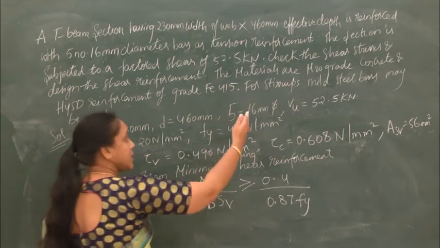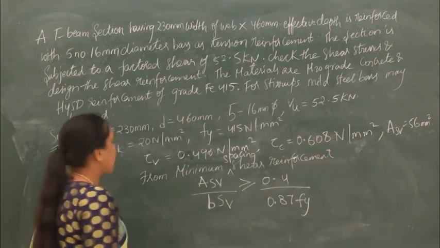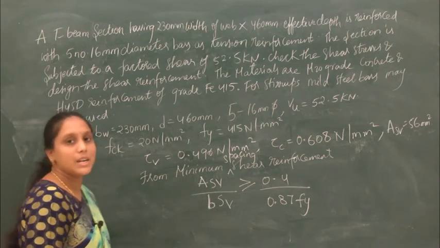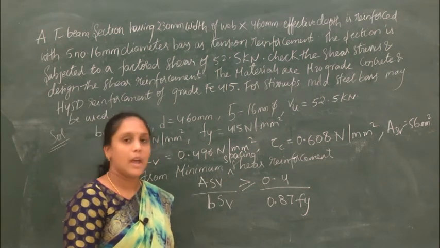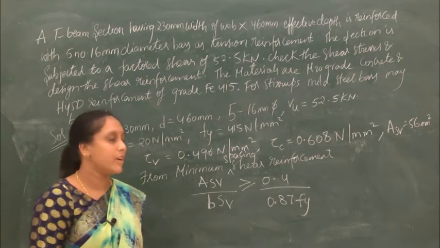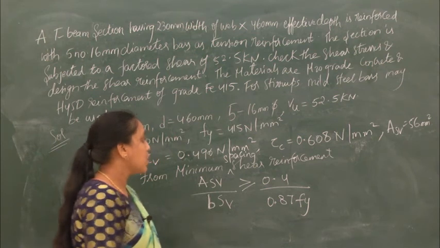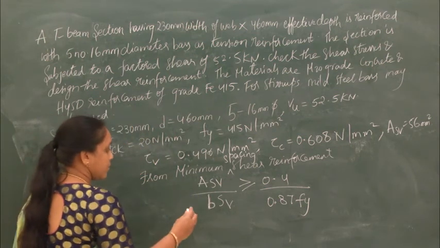In the question it is already mentioned that for the stirrups, mild steel bars may be used. So what is a mild steel bar? Mild steel bar is Fe 250. So what will be the value of Fy? The value of Fy will be 250 Newton per mm square. So substitute all the values here. What is ASV we got here?